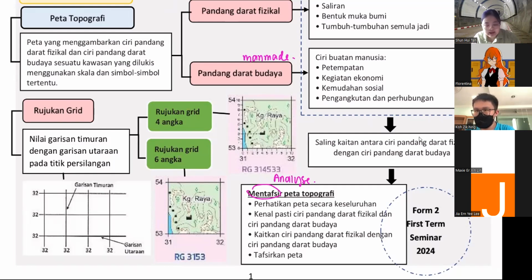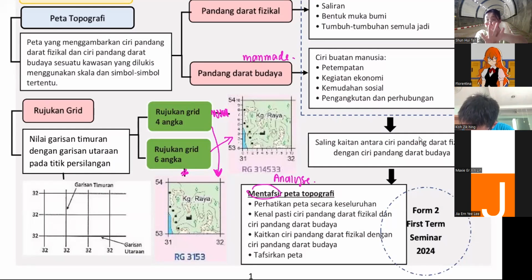Now, come, help me to just do a correction tip a little bit, because I realized that I readjusted the pictures, but I forgot to adjust the line. So these two lines have been terbalik. You just draw the lines a little bit. The lines are opposite. Okay, rujukan grid 4 angka means I'm showing you the coordinate with 4 numbers.